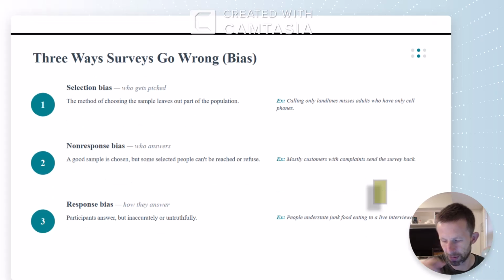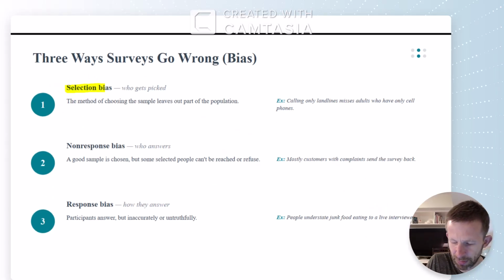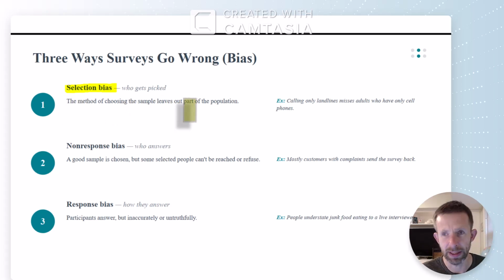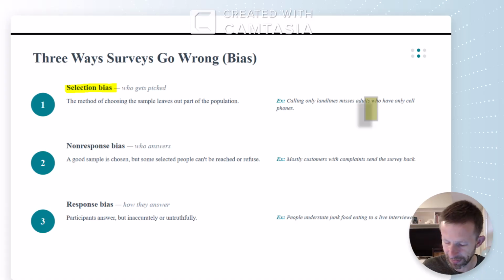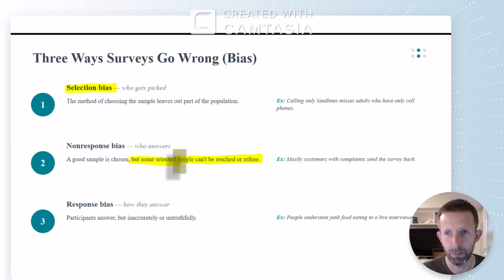Three ways surveys can go wrong. You can have selection bias, as in who gets picked and who gets left out. For example, calling only landlines. Hardly anybody has landlines anymore, but that used to be a traditional issue, where calling landlines missed a lot of adults who only have cell phones. Non-response bias: some people who don't respond probably have different opinions than those that do.